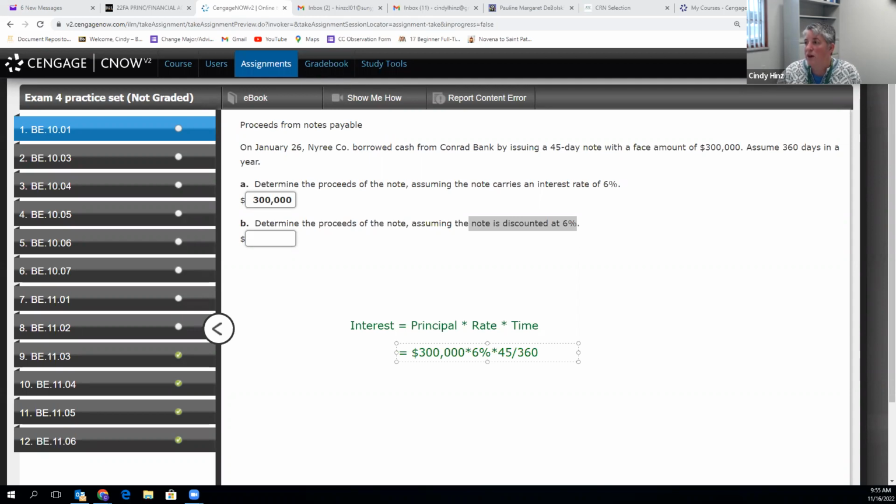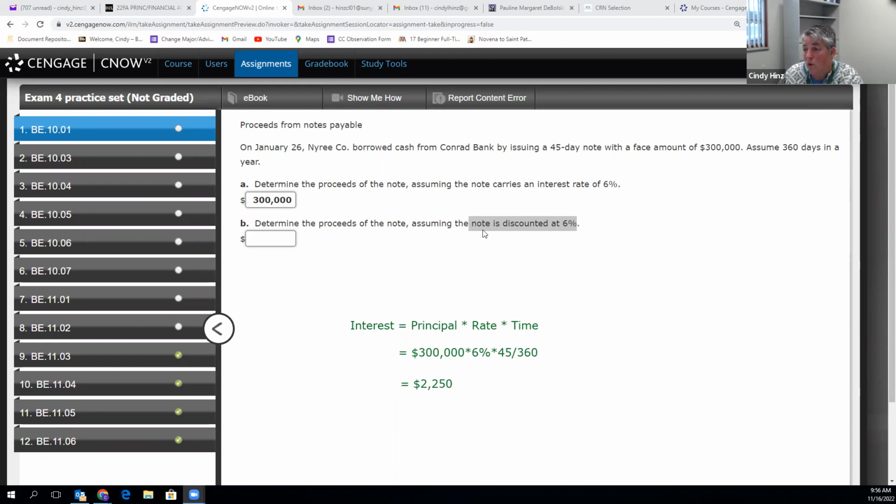It tells us to use 360 days in a year, and I think they do that simply because it makes the computations slightly easier, maybe a little bit less needing to round any answers that we get. And so when I plug that into my calculator, I find interest of $2,250.